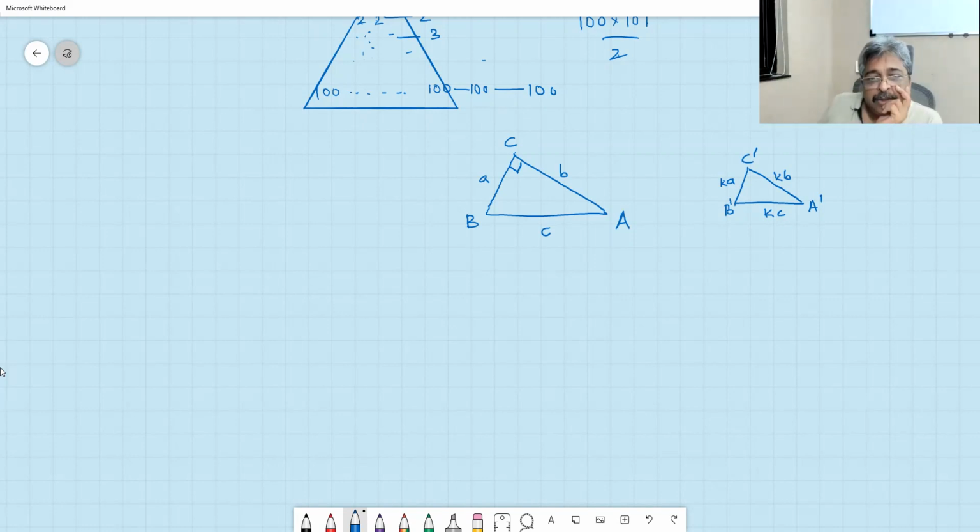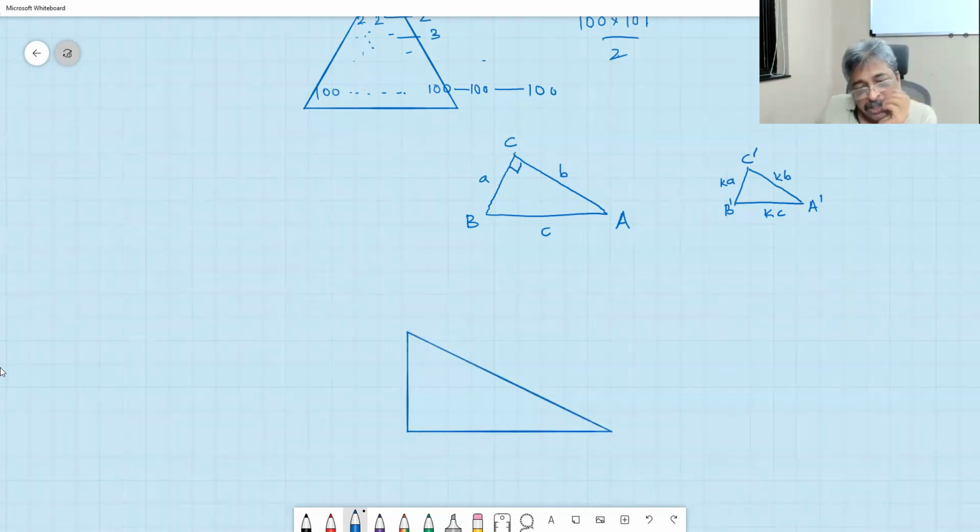So now what I do is, I draw a similar triangle, little bigger, because my proportionality constant is C itself.